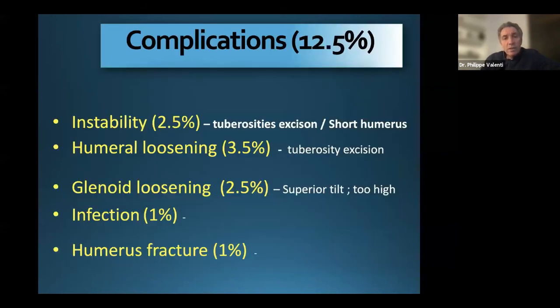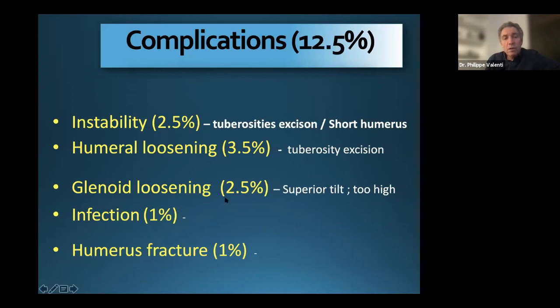So in this series, this is a multicentric study, we had 12.5% of complications: instability, and when you analyze, the reason is the excision of the tuberosities or a short humeral stem, and the length of the humerus was not restored.